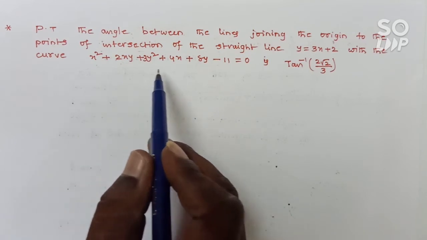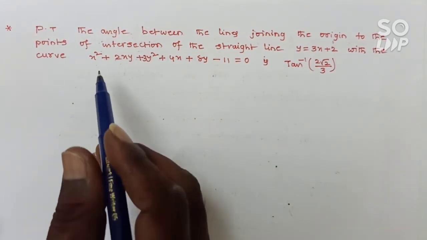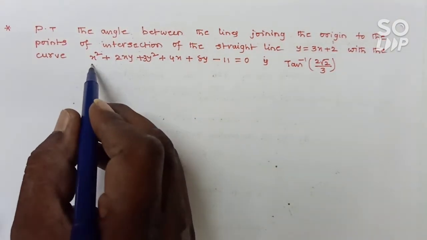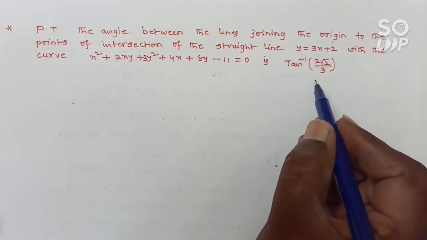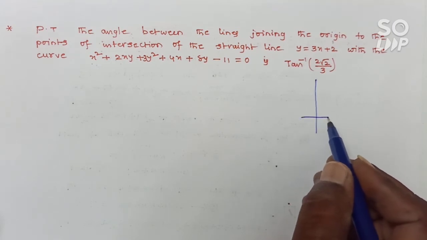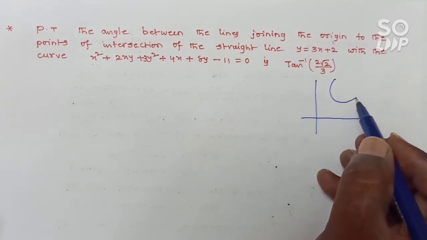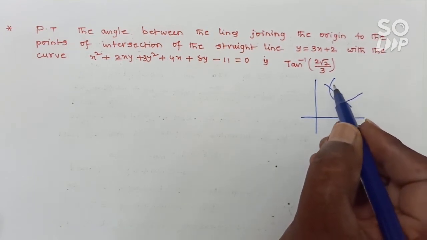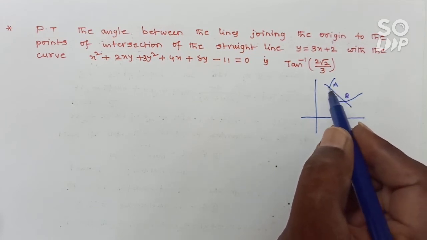Here it is not a pair of lines equation; this represents a curve equation. That means you can draw the same figure: this is the given curve and this is the given line. This is A and this one is B.